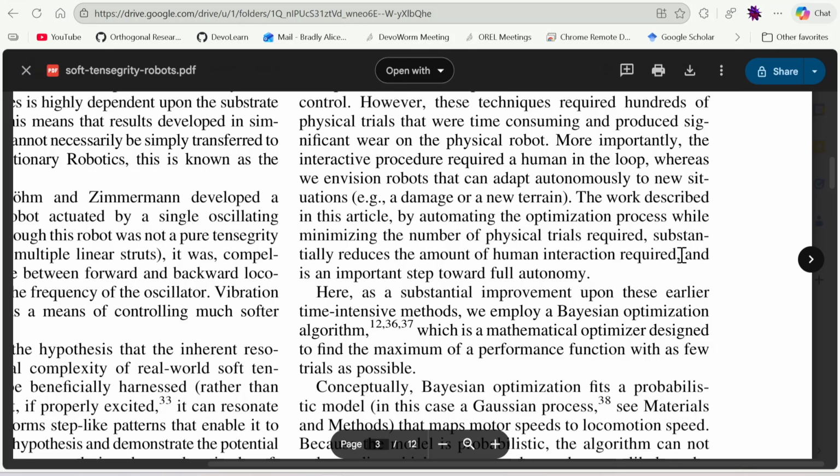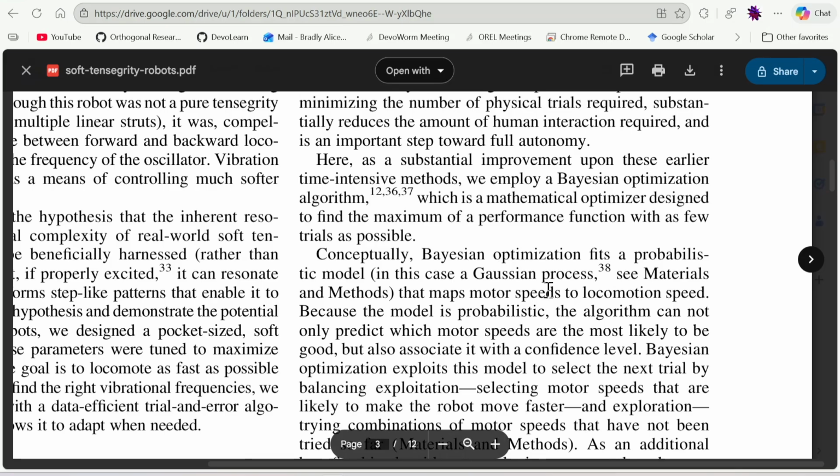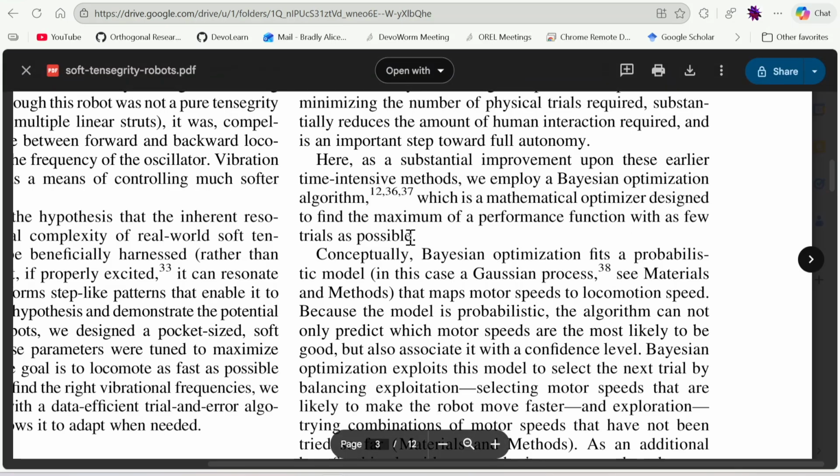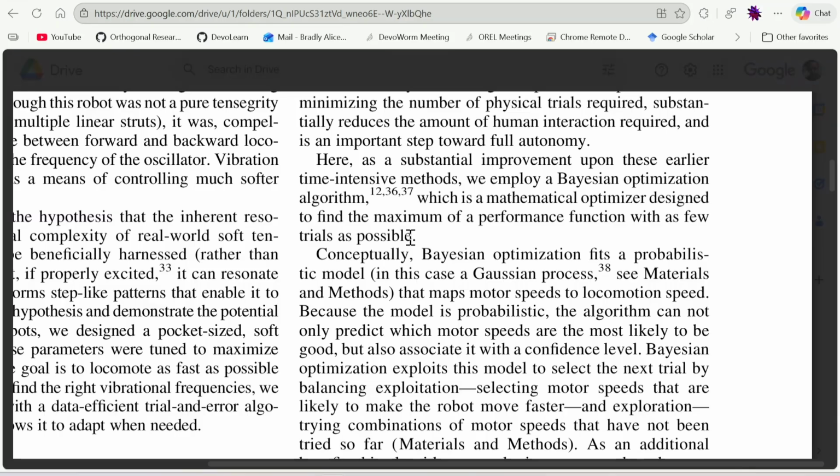In this case, what they describe is an improvement upon earlier time-intensive methods by employing a Bayesian optimization algorithm, which allows us to find the maximum of a performance function with as few trials as possible. They're training this tensegrity structure to do these different behaviors.